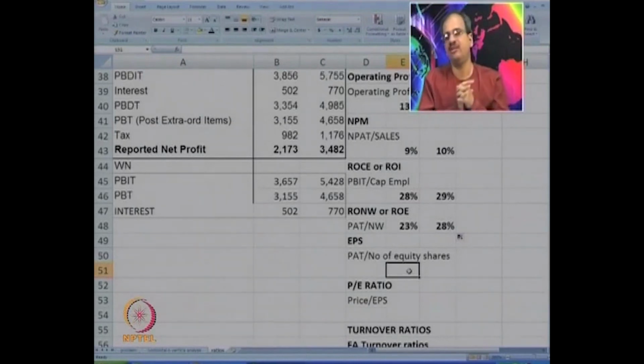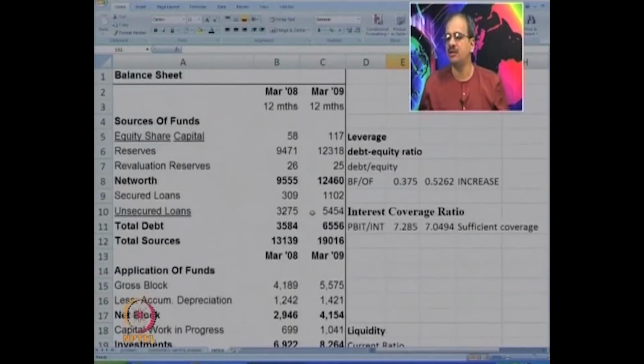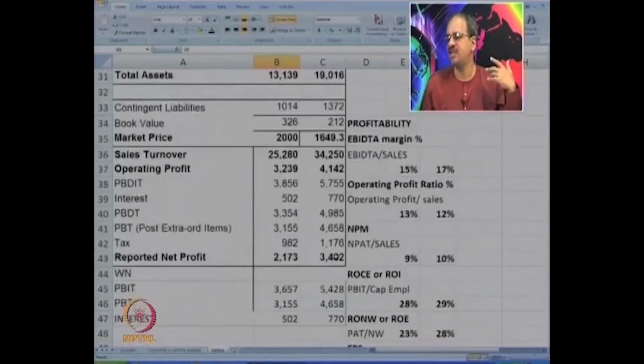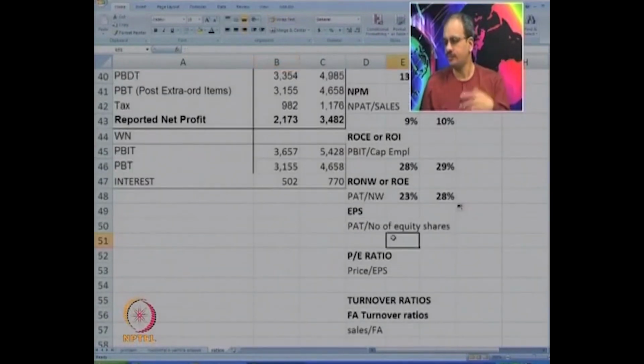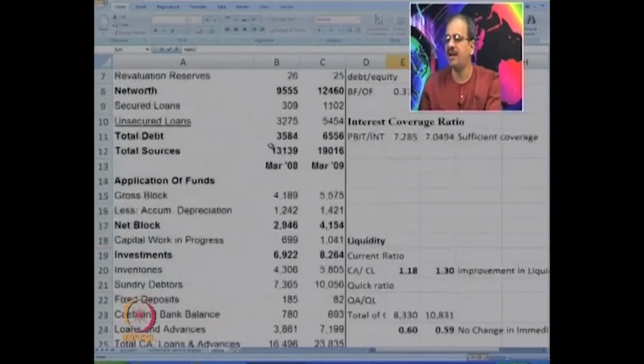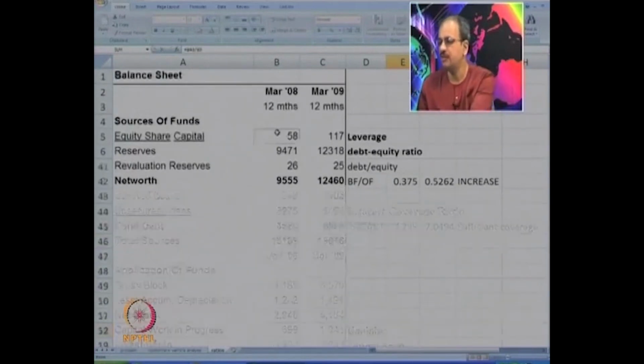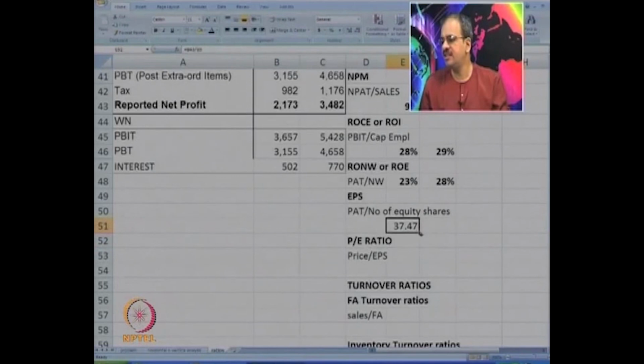Actually, it is not given anywhere, but since you know the equity share capital, if you assume that each share is worth 1 rupee, we can take the same amount as the number of equity shares. So, PAT divided by number of equity shares. Keep in mind, this is not a percentage. This tells you what is the earning per share.